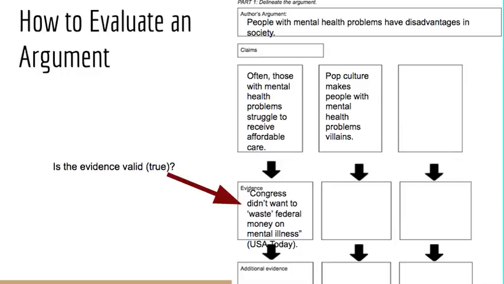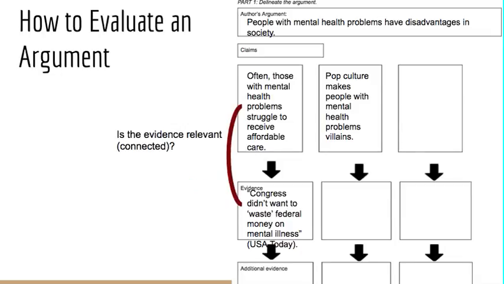This does not provide me with any facts and figures, though it is an interesting point. So I would maybe want an additional piece of evidence from the author to explain how much money they put into mental health illness when building their healthcare plans. But it does seem that that might be true.